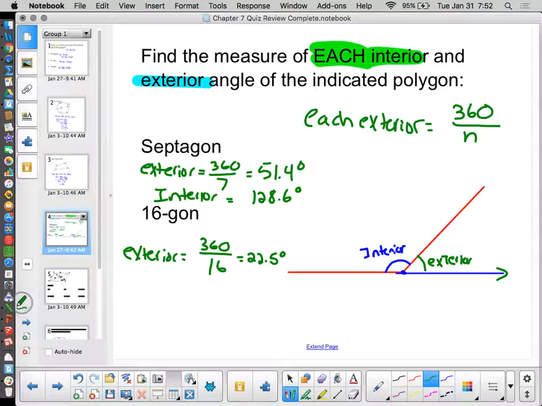It's exactly 22.5 degrees. If I get an exact answer like that, I consider that nice. So my interior is going to be 180 minus that, 157.5 degrees.